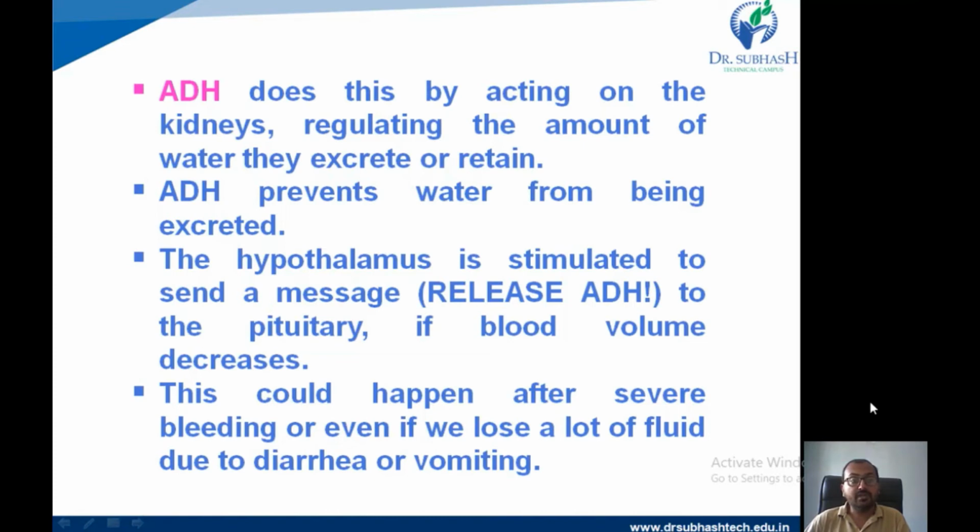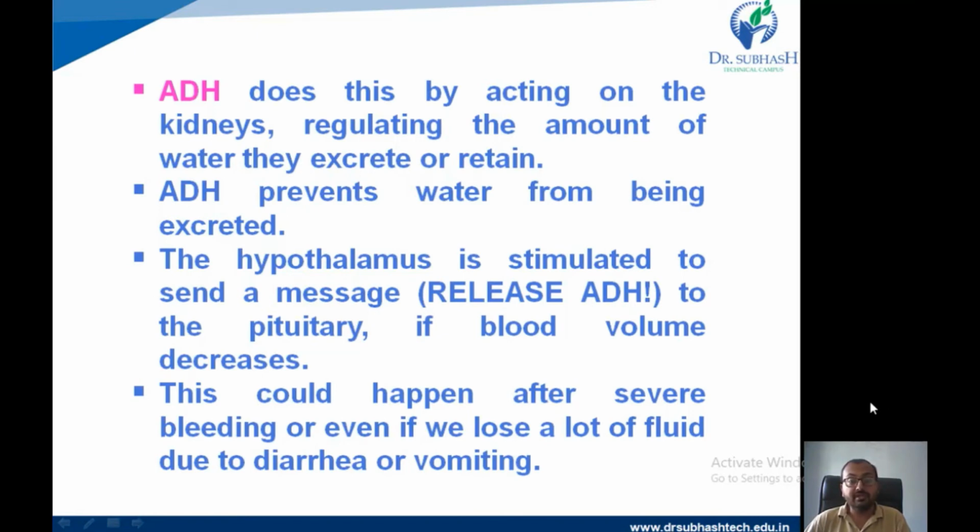The hypothalamus is stimulated to send a message to release antidiuretic hormone from the pituitary if blood volume decreases. If blood volume increases, it refers to the inhibitory hormone or inhibiting factors.